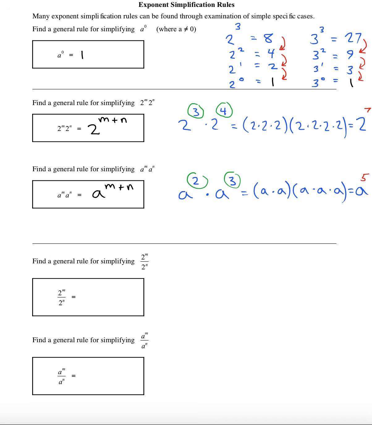We want to find a general rule for dividing 2 to the m by 2 to the n. Let's start with a simple specific case, such as 2 to the 5 over 2 to the 3. I'll write it out.